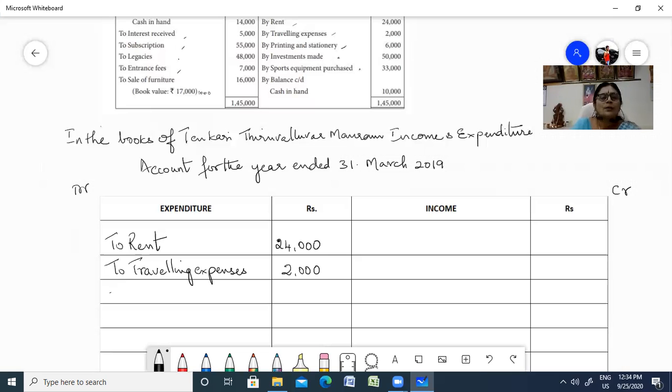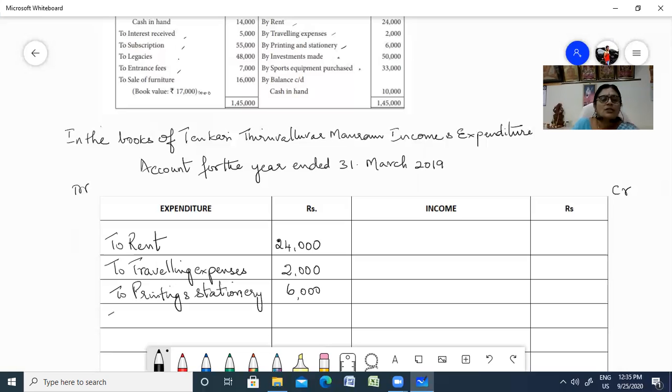Then to printing and stationery, 6,000. Just see if any other items will be coming. And here you have, see here, this loss on sale.